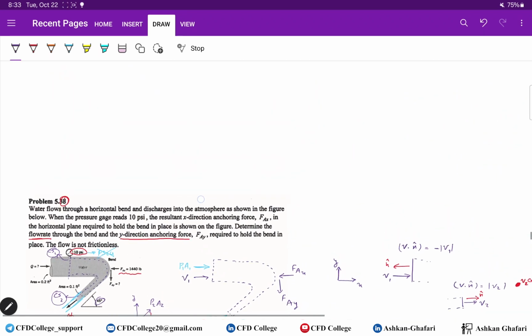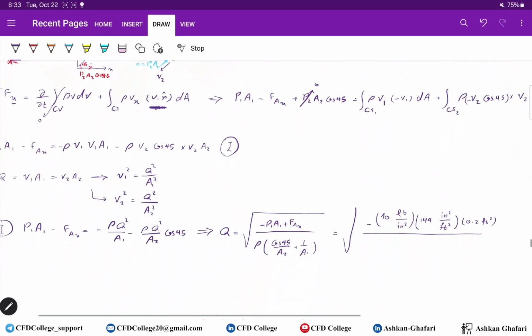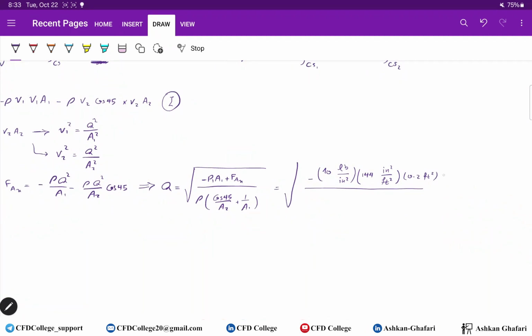As you can see here, the area is 0.2 at the inlet and 0.1 at the outlet. Plus FAX 1440 pounds over rho 1.94 slugs per cubic feet.